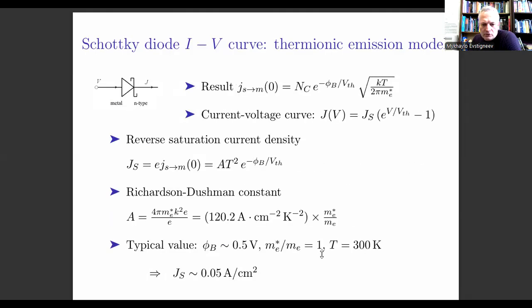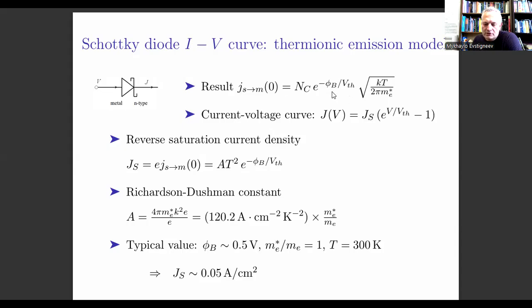All right, so we got our expression for the semiconductor to metal current flux density when zero voltage is applied.